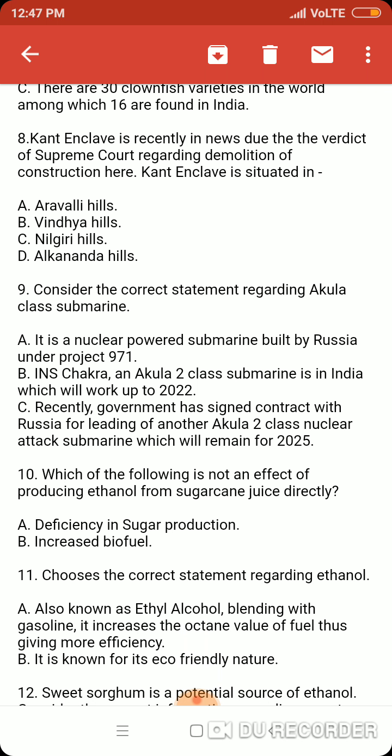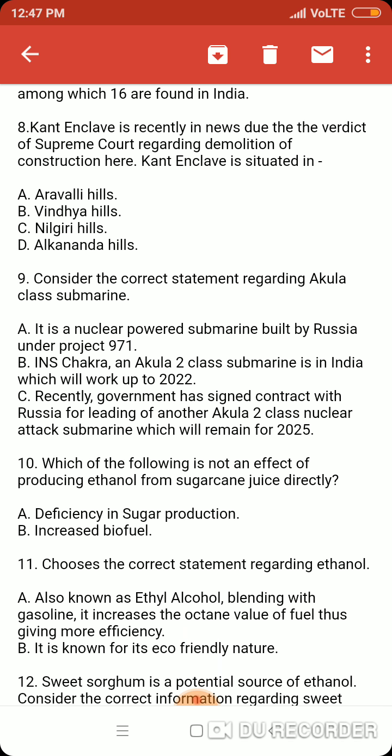Correct. Option 8 is also very important. Khan Enclave is recently in the news because of the Supreme Court's verdict. Way back, 20 or 30 years ago, the Khan Enclave colony was established in the Aravalli Hills area, but recently it has come into the news that it has violated the Punjab Land Acquisition Act, and it has equally violated some environmental laws.